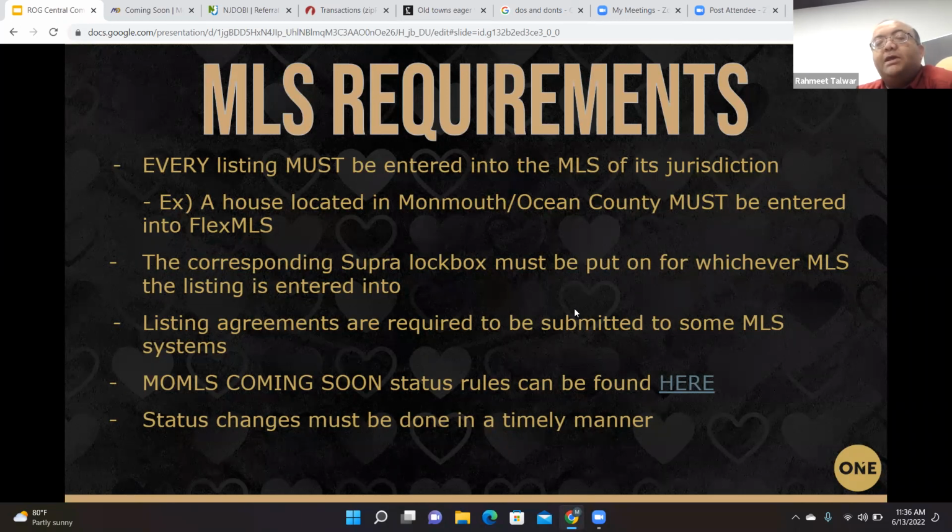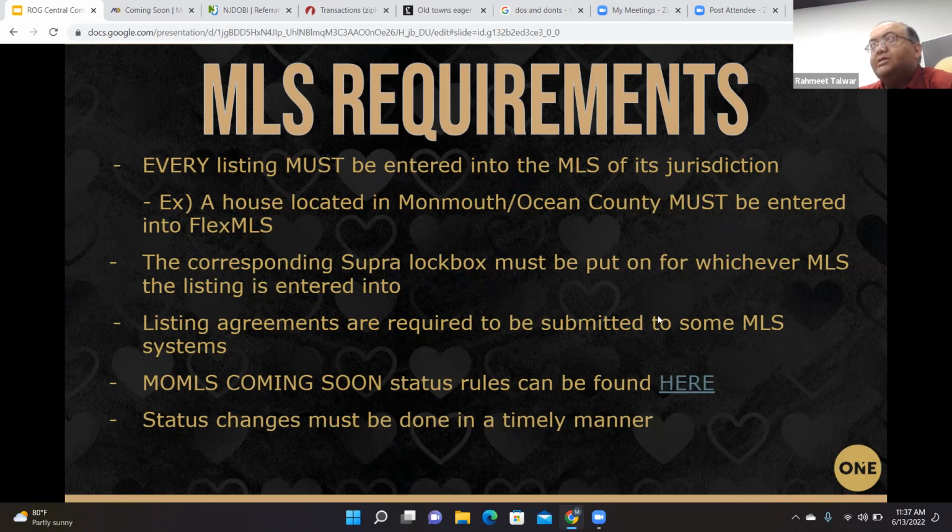No. Middlesex MLS requires you to either email it to them or upload it when you're listing it. Garden State as well, they have a separate upload process. Monmouth MLS does spot audits for the office. So you just have to upload it onto SkySlope, which is fine. Every listing agreement must be in the office.